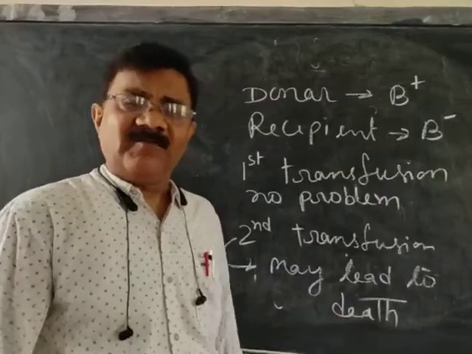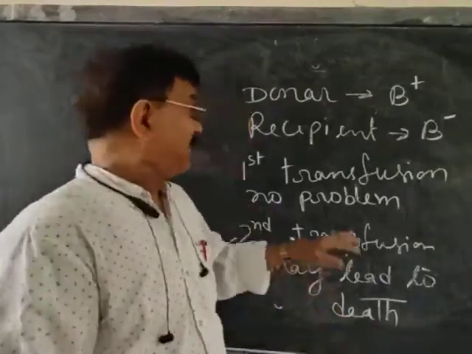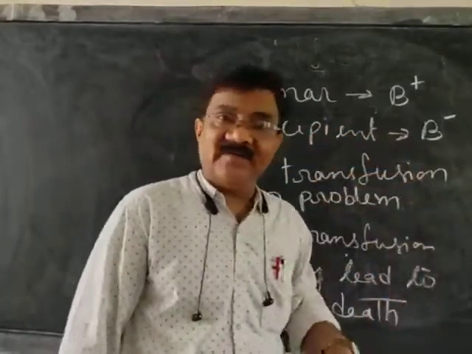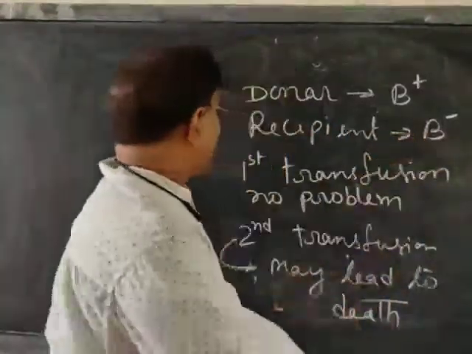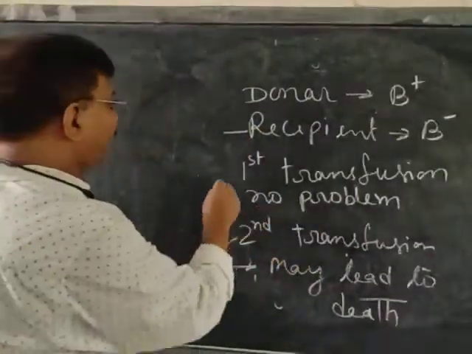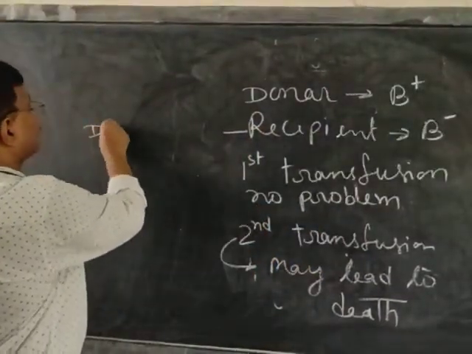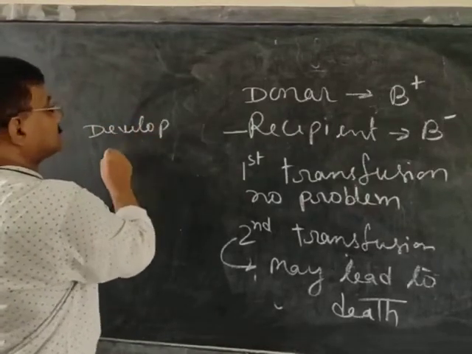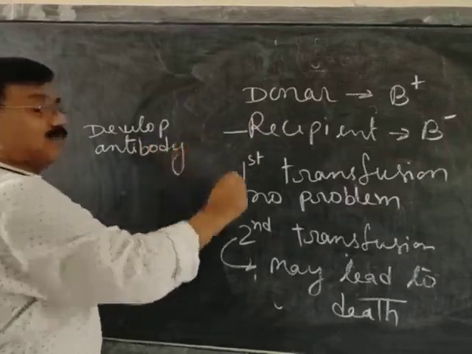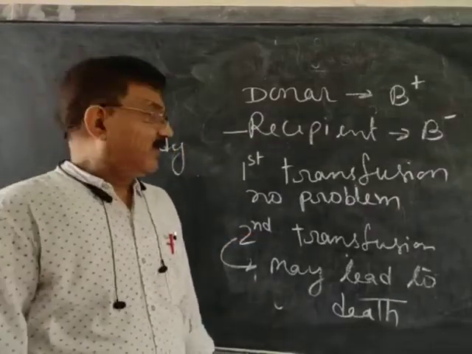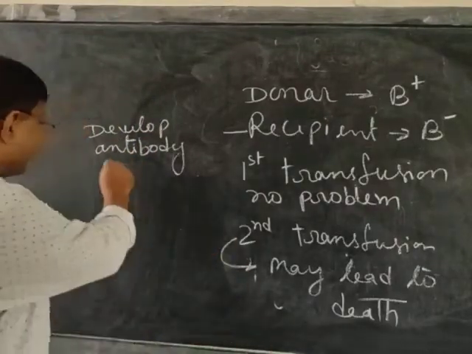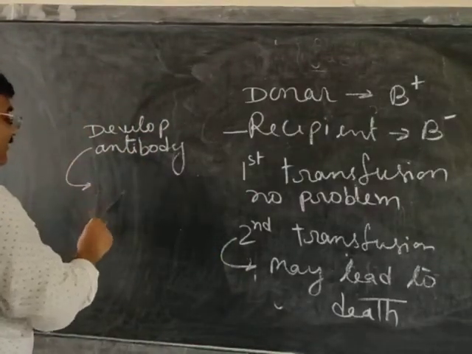First time, no problem. What will happen when B positive gives blood to B negative? The B negative recipient will develop antibody, and this antibody will kill the cells.